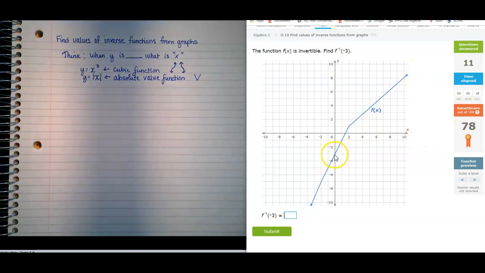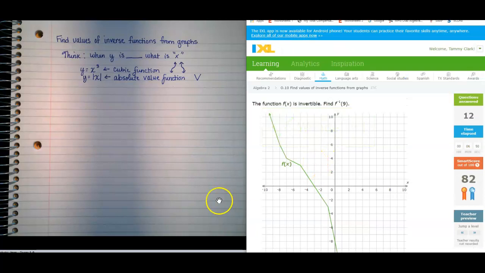So y is -3, so x would be 0. All right, take it to 100.